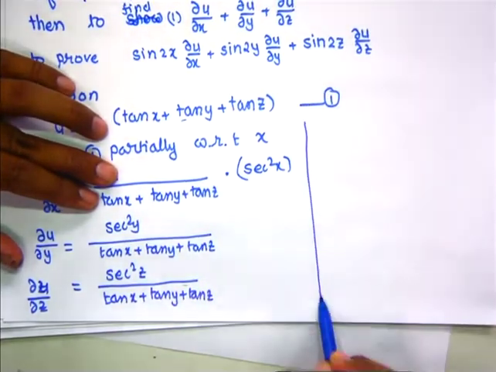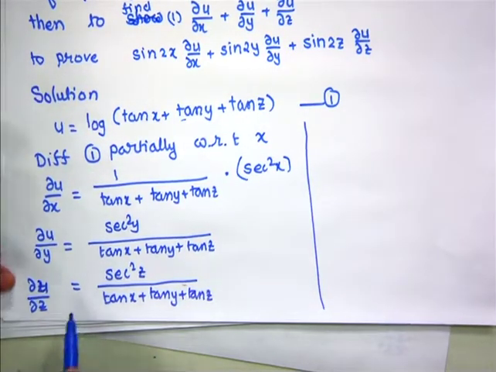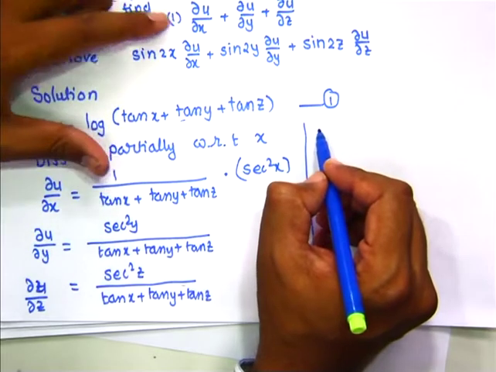Now we substitute the values of del u by del x, del u by del y, del u by del z as in the first result.